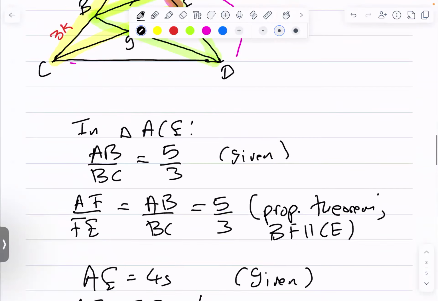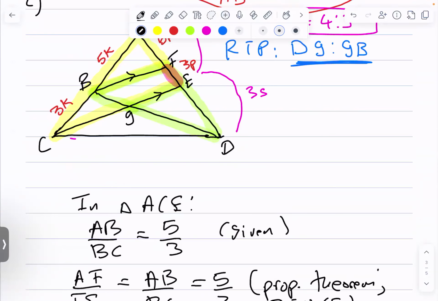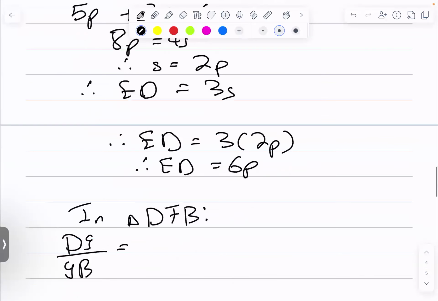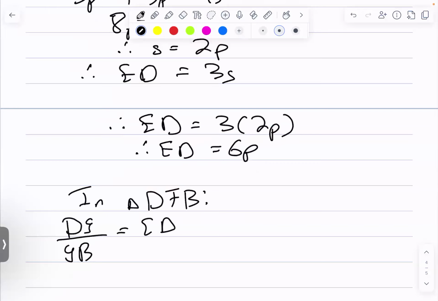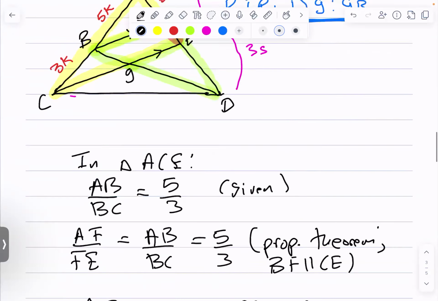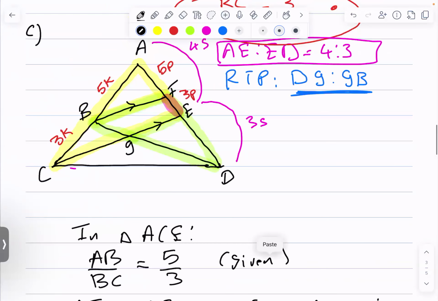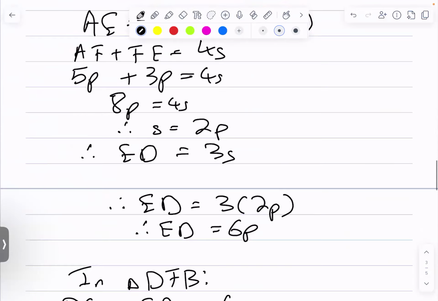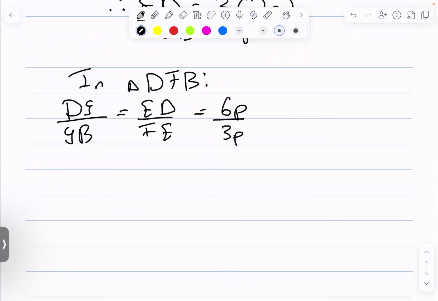It relates with what side, guys? It relates with ED over FE. But what is ED? It's 6. What is FE? FE should be 3. So this simplifies to 2 over 1. So that DG to GB is 2:1.